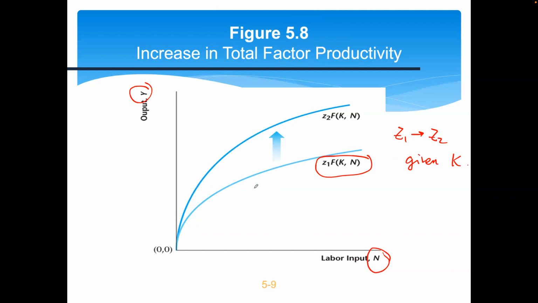It means for any given level of N, you're going to produce more. This is the first effect. Second effect, you can see the curve is getting steeper, right, at the same level of N. Why is it getting steeper? As I just said, at the margin, one additional unit of labor can produce more because Z is increasing.